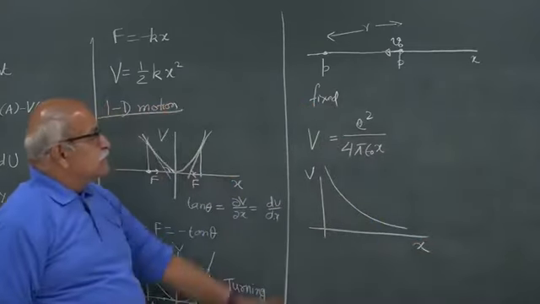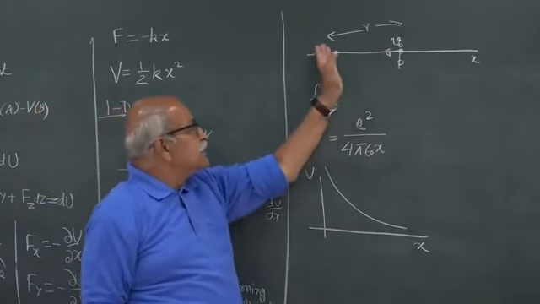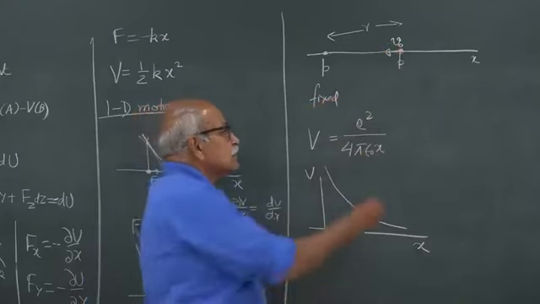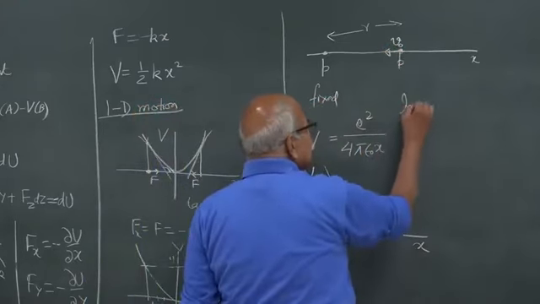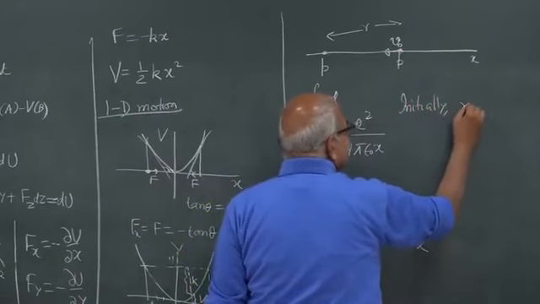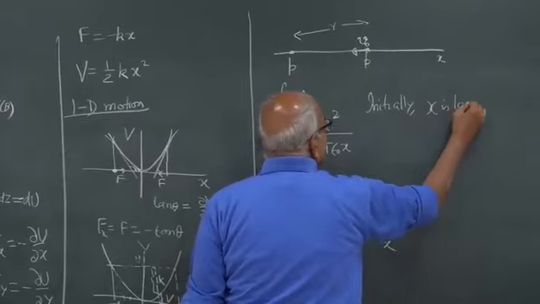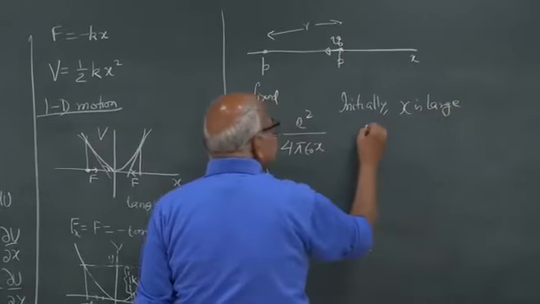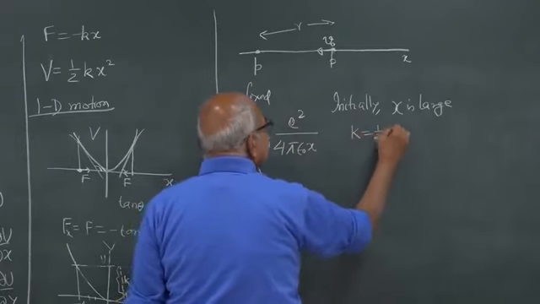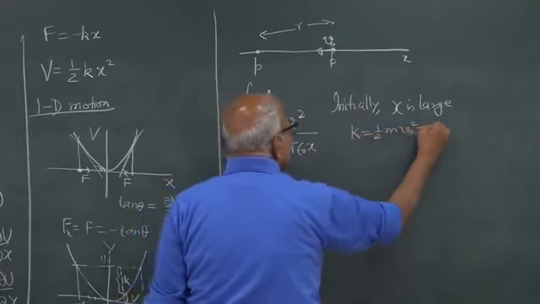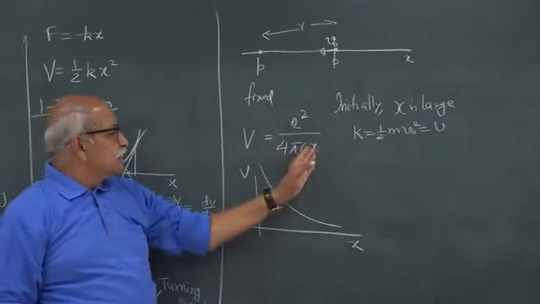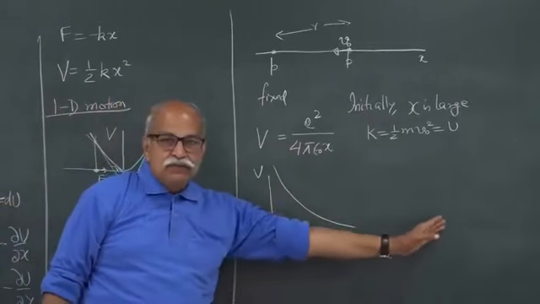Initially it is at a large distance, and the speed is v naught. So, initially, t equal to 0 or so, x is very large, and the kinetic energy K is half m v naught square, and this is also the total energy, because for large x the potential energy tends towards 0.